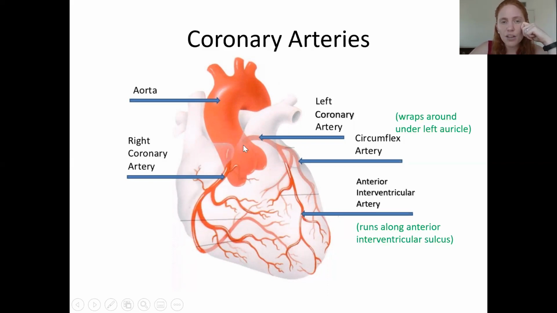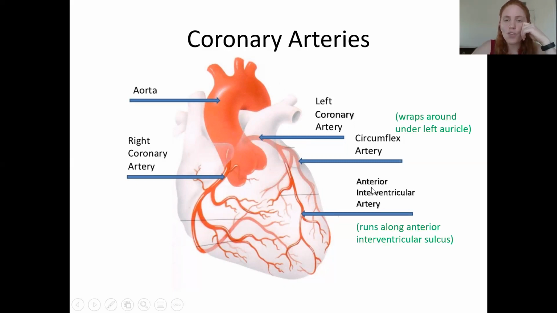And then you have another branch on the other side, which is called the left coronary artery. And again, that's going to travel around the boundary between the left atrium and the left ventricle. And then coming off of that, we have a couple of branches. Off of the left coronary artery, you're going to have a big branch that goes down and travels right down the front of the heart.